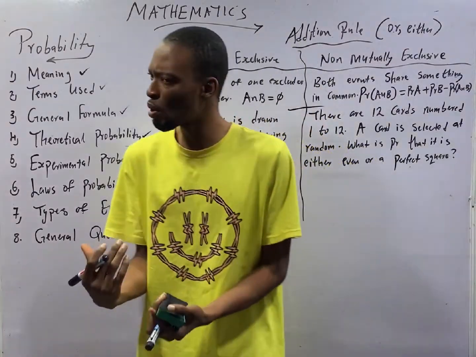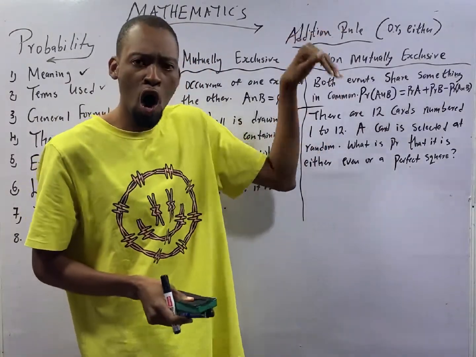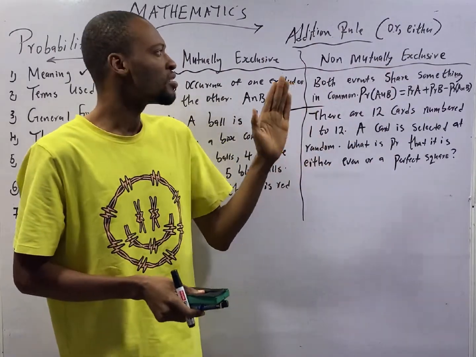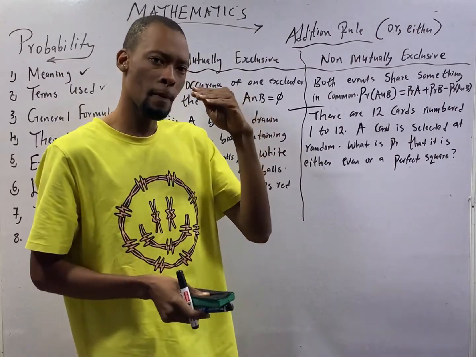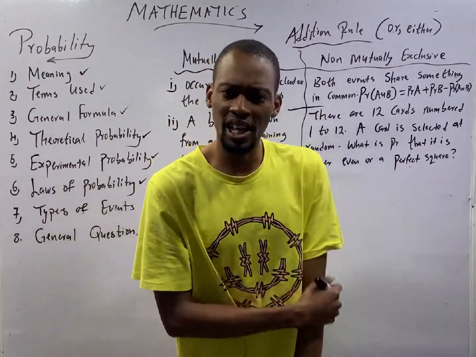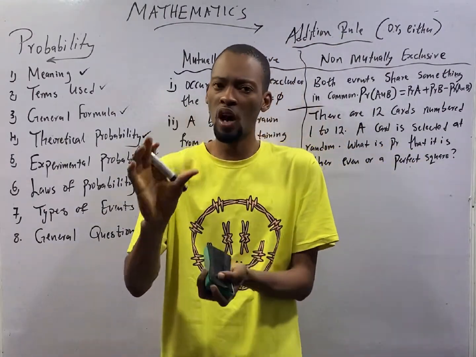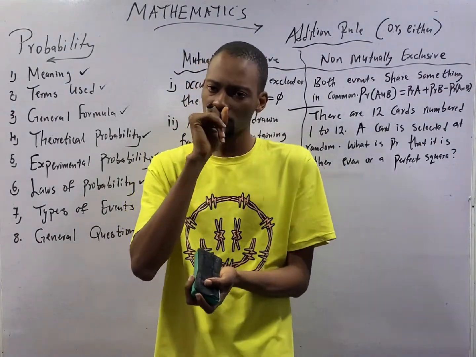Now, in a probability question, when you see or, either, you need to add. That speaks of addition. Or, either, signals the addition law of probability.